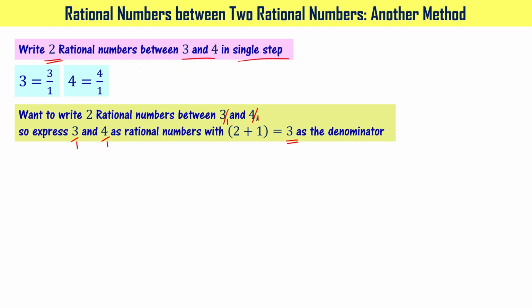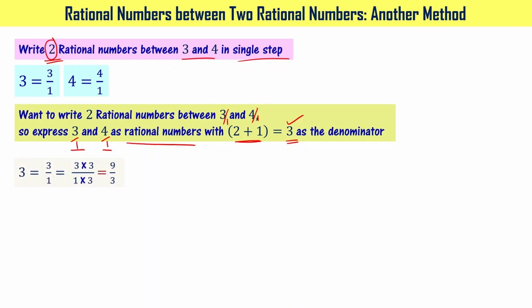Why 3 as the denominator? We want to get two rational numbers, so you take 2 plus 1 as the denominator. 2 plus 1 is 3. That's why we express 3 by 1 and 4 by 1 as rational numbers with 3 as the denominator. Please note this.